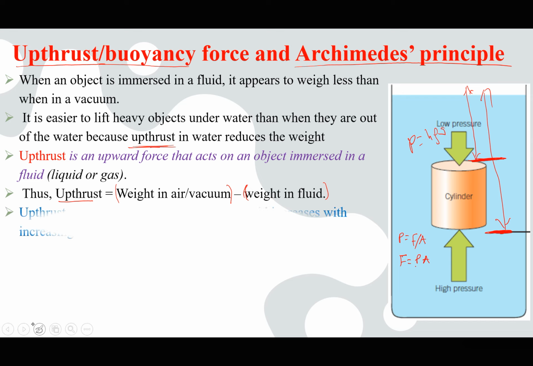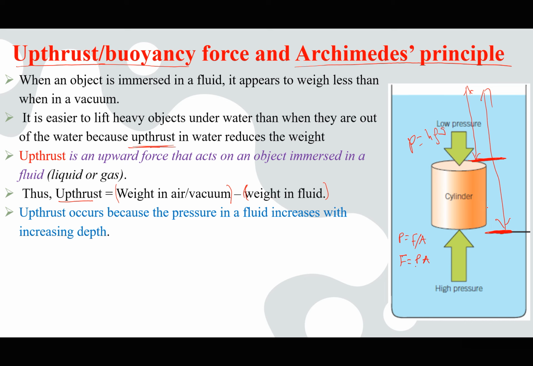So upthrust occurs because the pressure in a fluid increases with depth. The deeper the object goes, the higher the pressure. So the pressure on the object at the bottom is greater than the pressure on the object at the top.